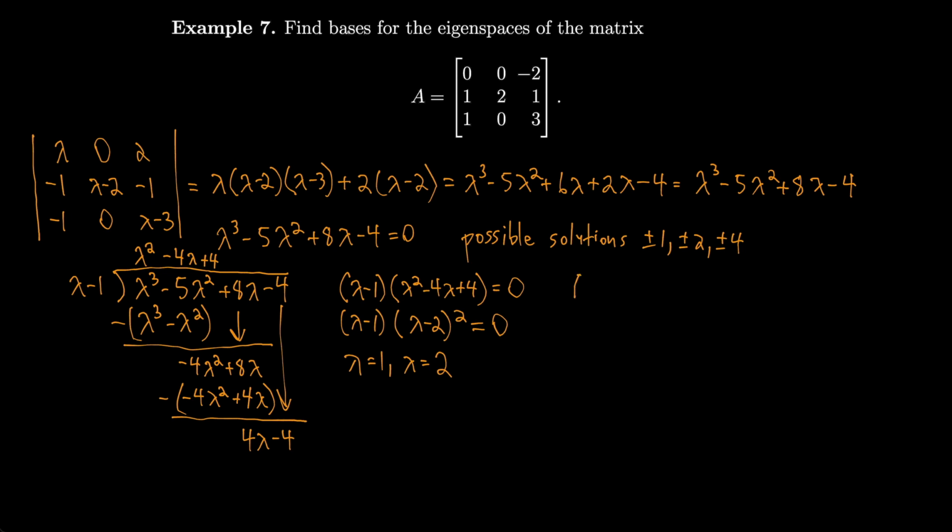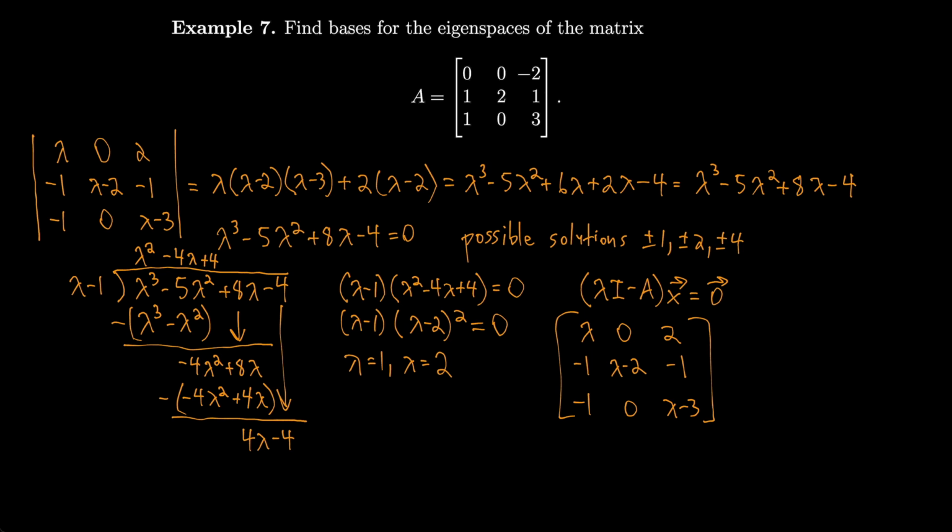Anyway, now that I have my eigenvalues, let's look at the equation lambda I minus A times x equals 0. So I'll rewrite my matrix, but not the determinant. So that's lambda, 0, 2, minus 1, lambda minus 2, minus 1, minus 1, 0, lambda minus 3.